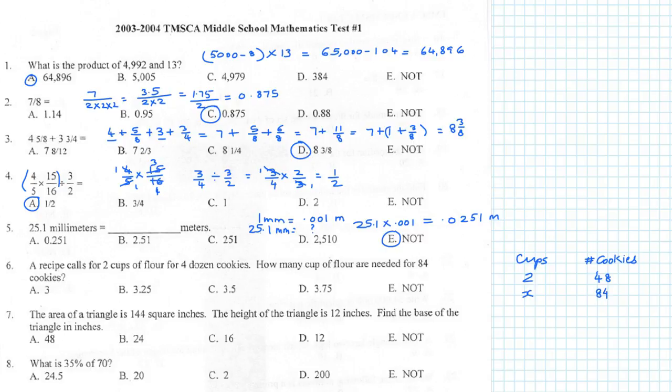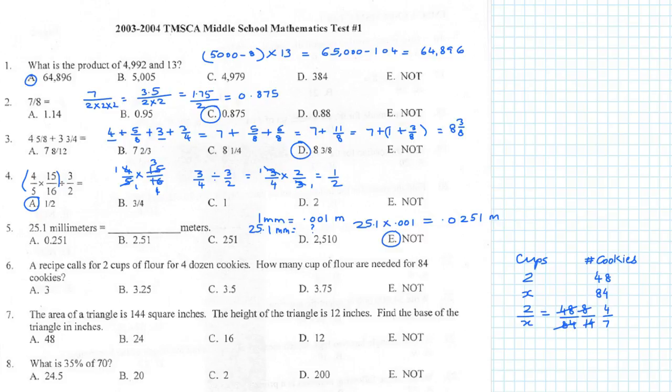So this is nothing but 2 over X is equal to 48 over 84. So we can simplify this fraction, 48 over 84. So 6 times 8, and this is 6 times 14. We can further simplify this. This is 2 times 4, and this is 2 times 7. So 2 over X is equal to 4 over 7.